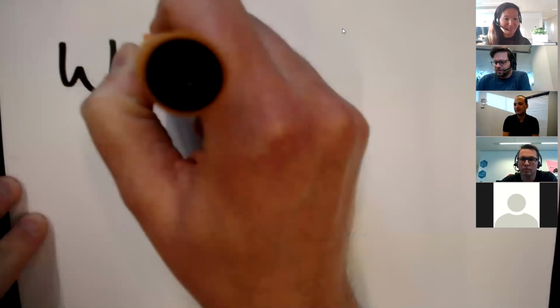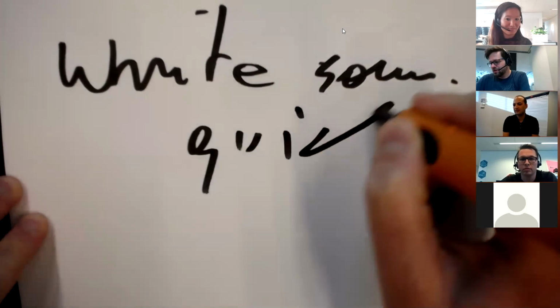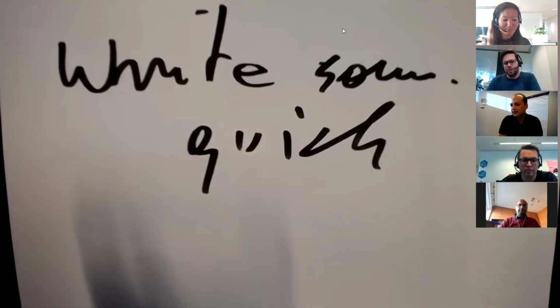Something I wanted to share with you as basic hints for writing is that whenever you're in a facilitation situation, you need to write something quickly. The thing to remember is that you should avoid writing in a joined-up manner.